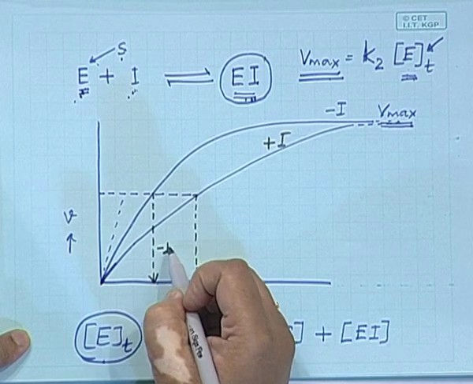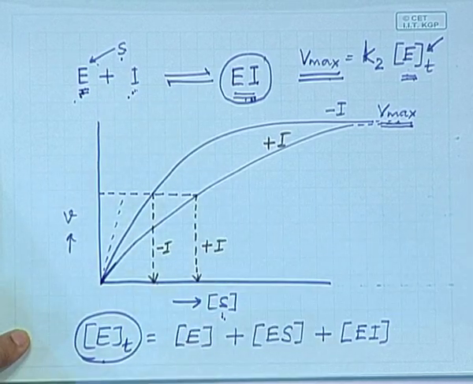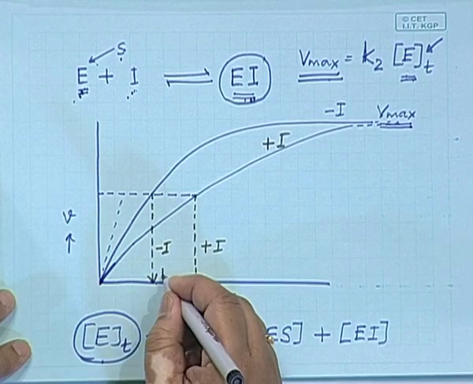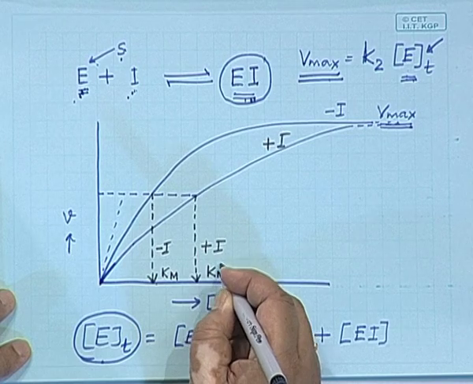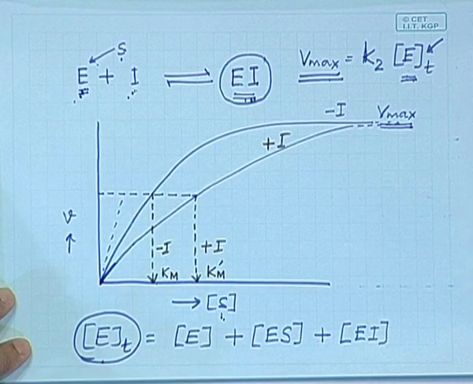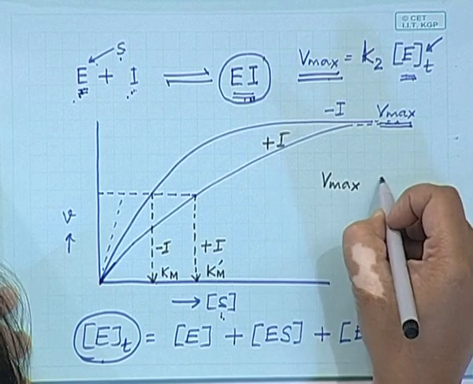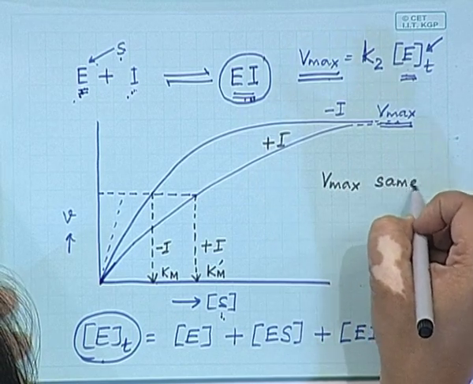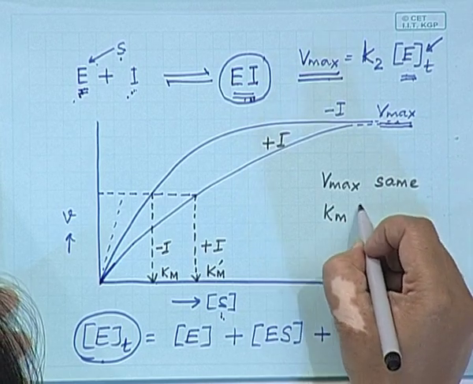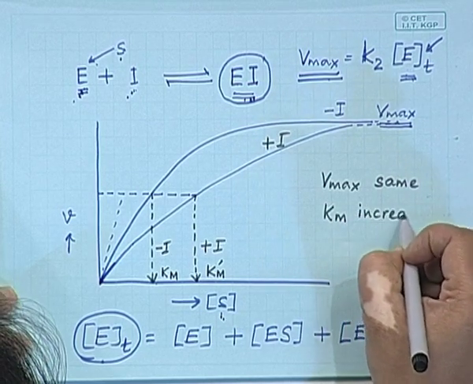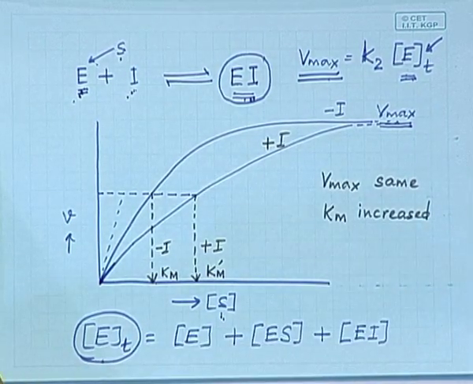This is minus I, this is plus I. So, what has happened to my Km? It has increased. So, I put a Km prime for this. So, my Vmax is the same, Km increased. For what? For competitive inhibition of the enzyme.